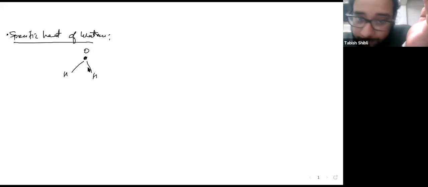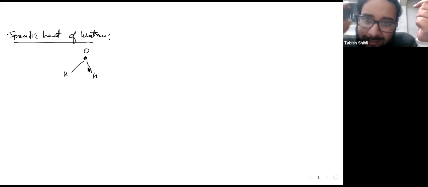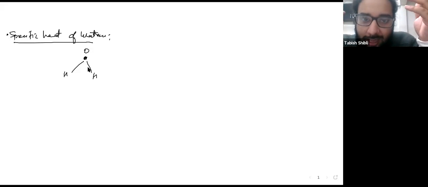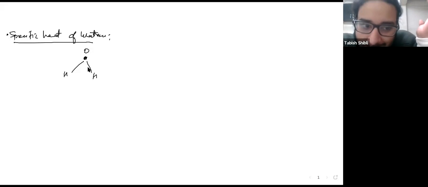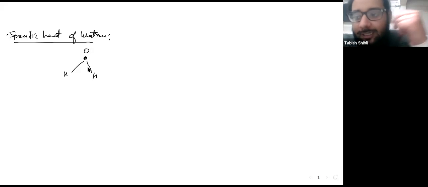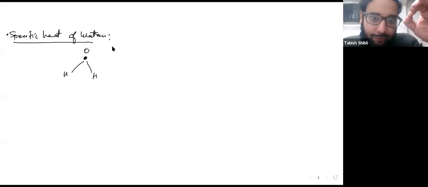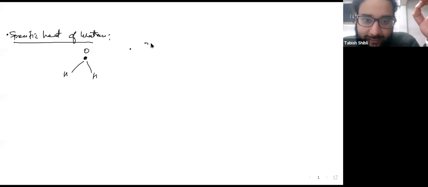However, since it's in a fluid form, yes, the molecules will be going around, but the rate at which the molecules are moving will be really, really slow with respect to a gas, so slow that you can assume that these molecules are actually static, in the sense that when you are calculating the average vibrational energy, you can take the result from your solids case, which was 3 kBT.